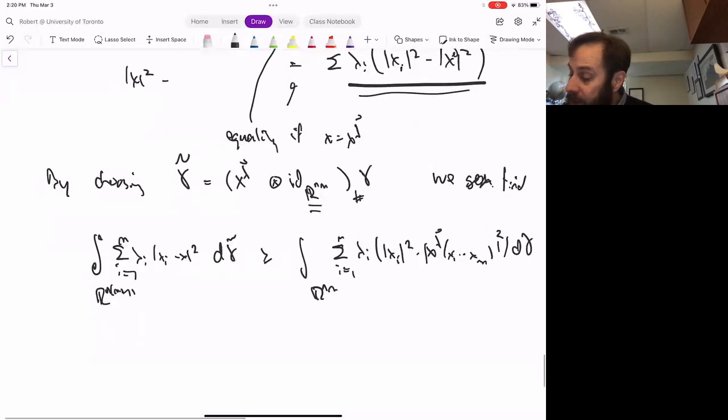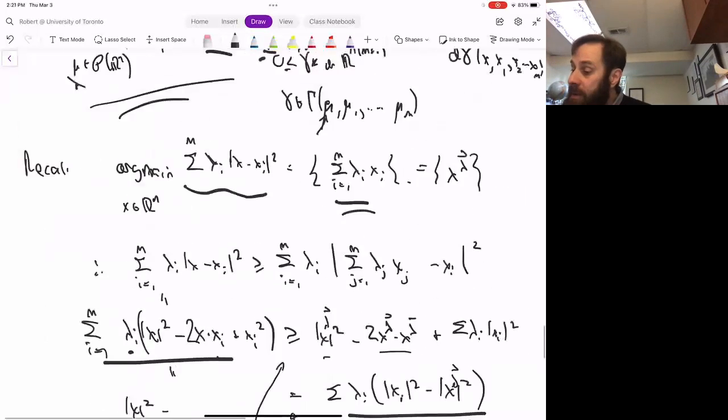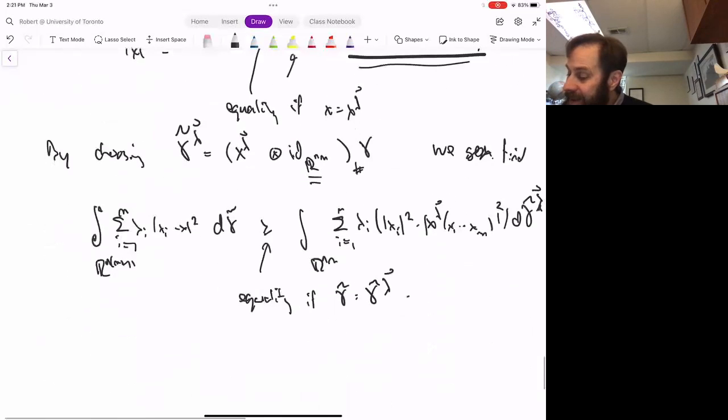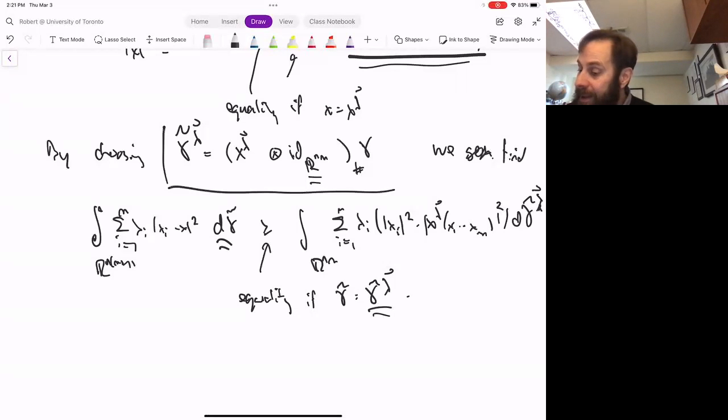We get this inequality with, so maybe I should call this gamma tilde lambda. Right, so the thing I'm trying to minimize up here is actually minimized by taking the gamma tilde to be this gamma tilde lambda that I've just defined in this way.